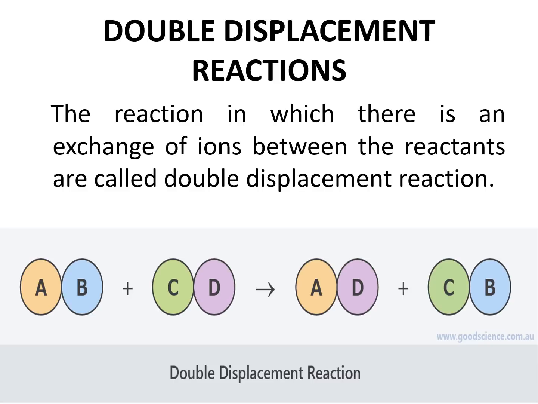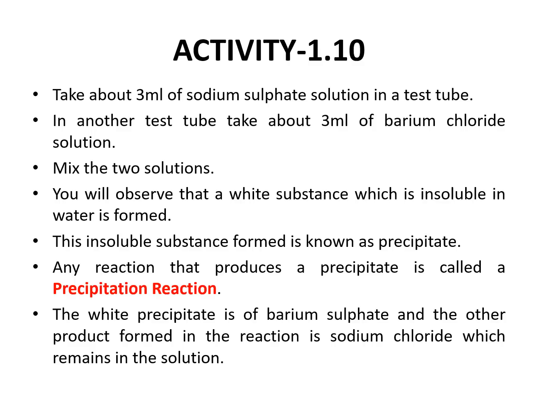Here A will combine with D and C will combine with B, and the new products AD plus CB are formed. So displacement takes place two times, hence it is called a double displacement reaction.